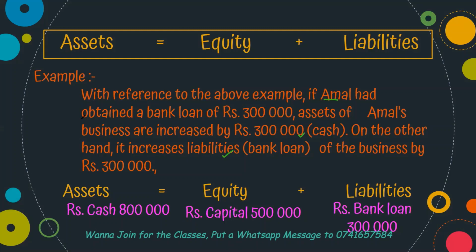So the transaction is this: obtained a bank loan of rupees 300,000. As I always say, for a transaction there are two impacts. So what are the two impacts here? Number one is cash will increase by 300,000 and the other one is our liabilities will increase by 300,000, bank loan.